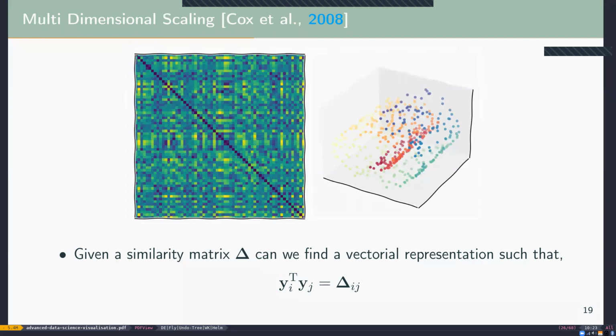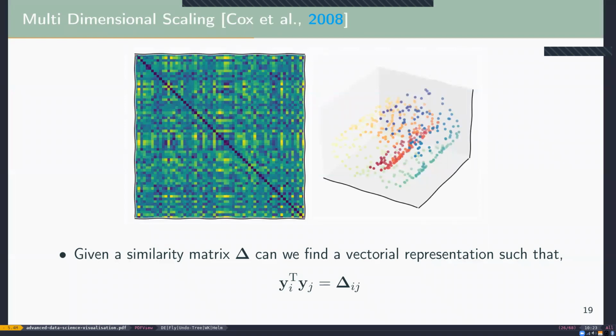Now we want to create something like this that we can actually look at. This matrix here is a bit messy to look at. Can I create something we can look at, do machine learning on, and do all sorts of cool stuff with? So that's our task.